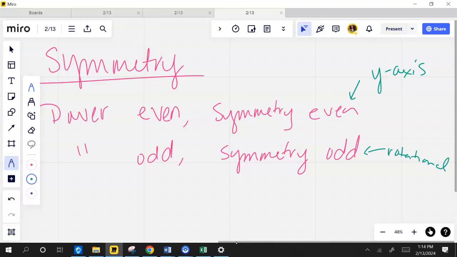Let's get into an example before I show you the new stuff, which is the negative exponent one. Origin is rotational.